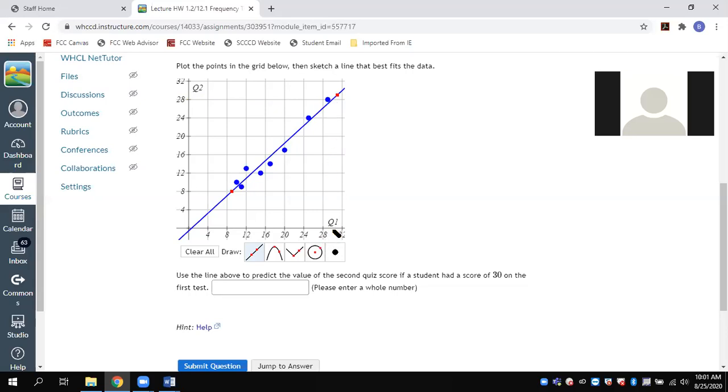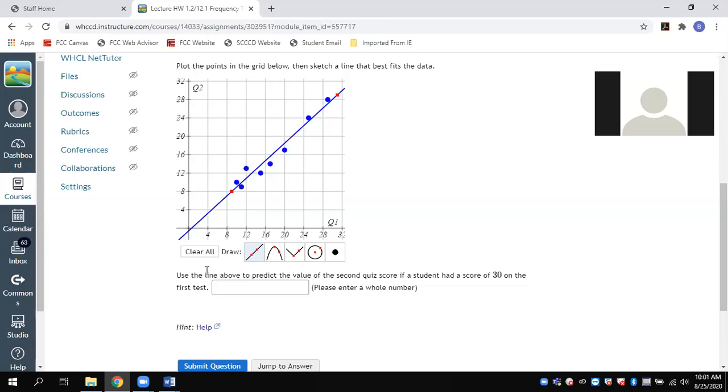I'm saying if you're 30 on quiz 1, so it's saying score of 30 on the first quiz, if you go up, where are you going to be on the line? Well, about right there. This dot right here would be a 30 on quiz 1 if you're on the line. And why am I doing the line?